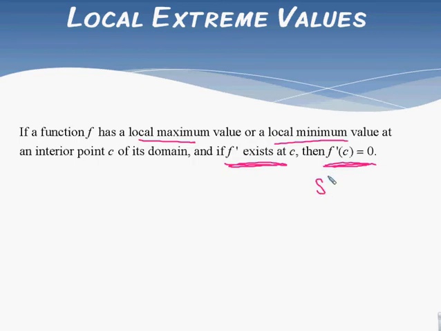What this means is that the slope has to equal 0. That makes sense. If you have a local min at this point down here, it follows that if I put a tangent line in there, it would be horizontal. It would be the same if I have a local max. That tangent line would have slope 0, meaning the derivative would be 0.